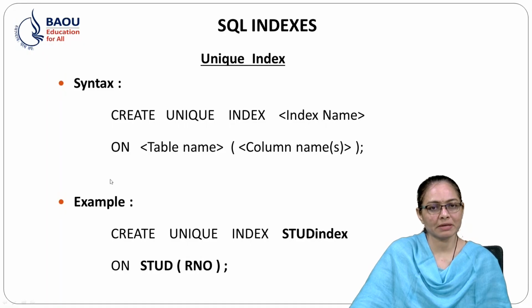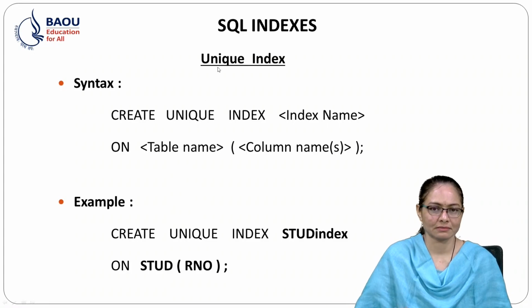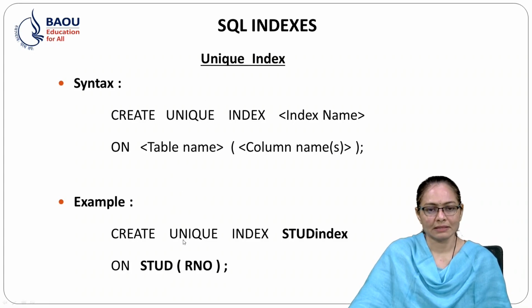It is the same as the single-column index, but here we use the keyword UNIQUE, so it will create a unique index. This index includes unique roll numbers. It will not include duplicate roll numbers in this index.